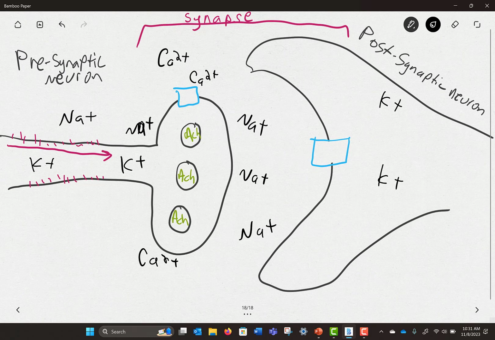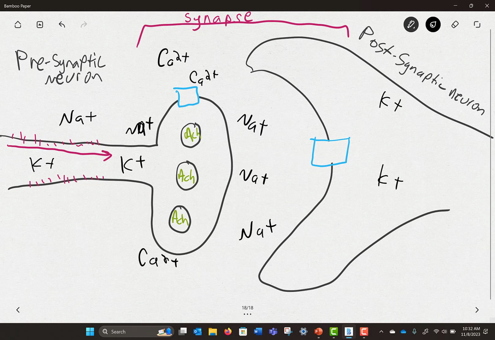It opens at threshold, -55. Over on the right, there's another protein. It is a ligand-gated sodium channel. It could be different ligand-gated channels. It could be a ligand-gated potassium channel. It could be a ligand-gated chloride channel. We're just using a ligand-gated sodium channel in our example.